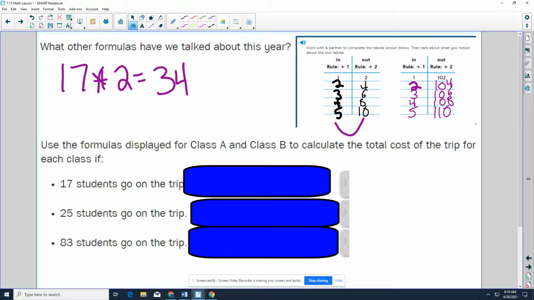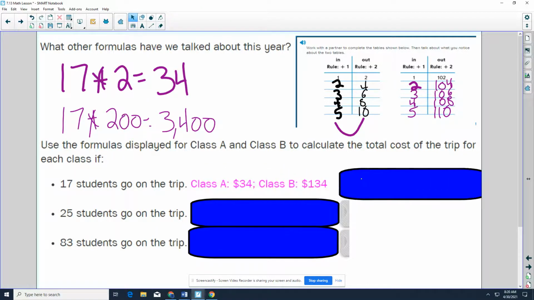So if I have 17 students, and on the other side there, I would add 2, or make it 200, and I'd get 3,400, because it's 100 more on that side.